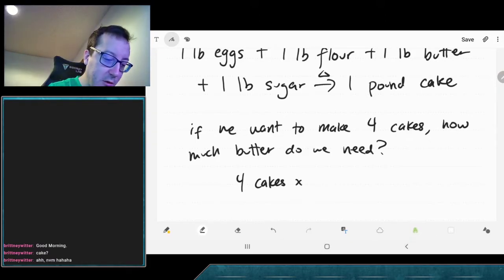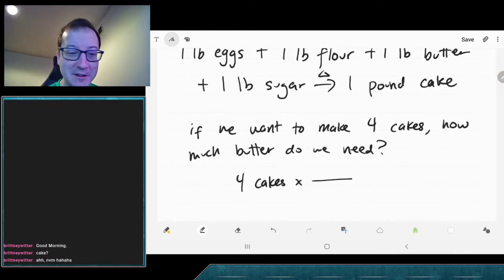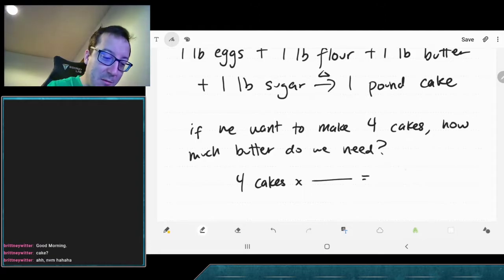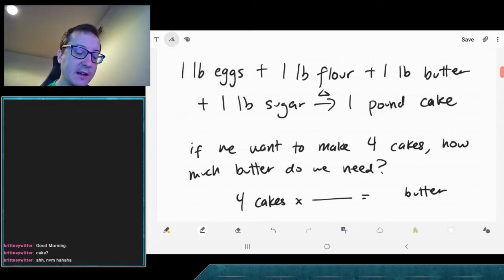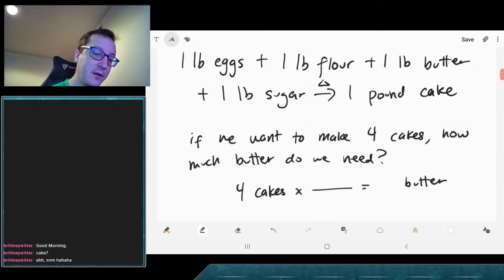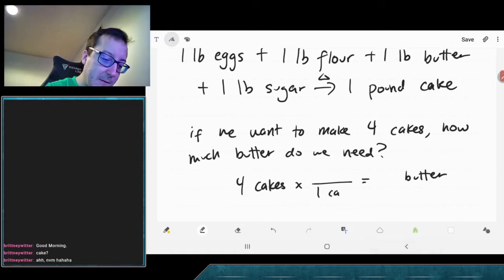And we're going to use, guess what, conversion factors to figure out how much butter we're going to need. This is exactly the same thing we're going to be doing with chemical reactions. If we look at our reaction here, it's telling us that for every 1 cake, we need 1 pound of butter.